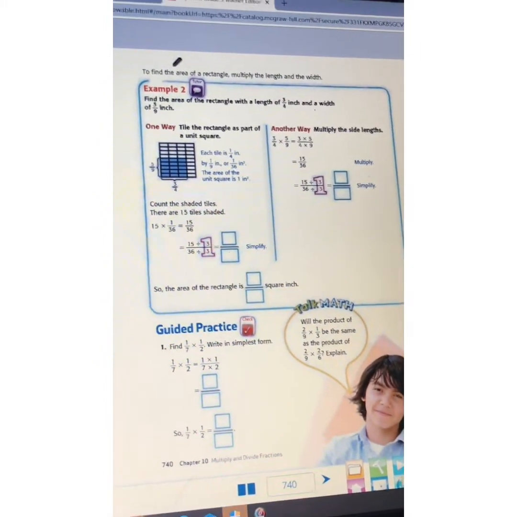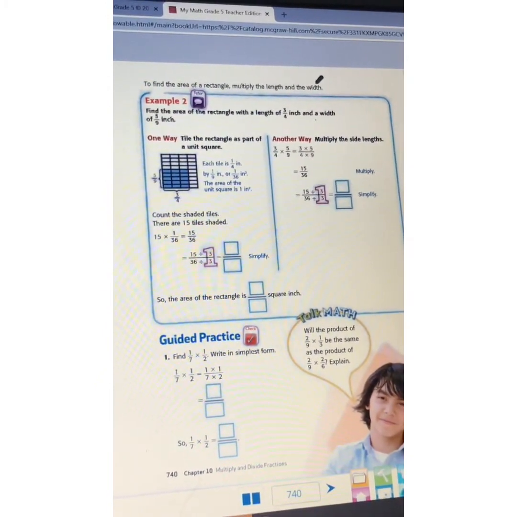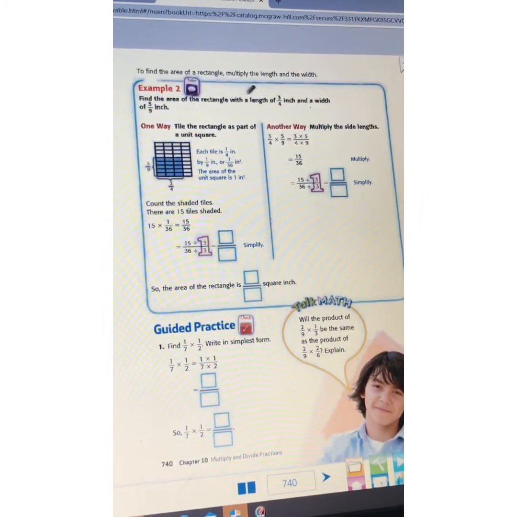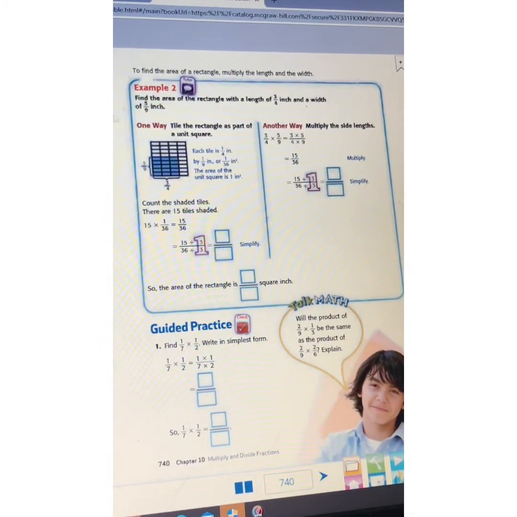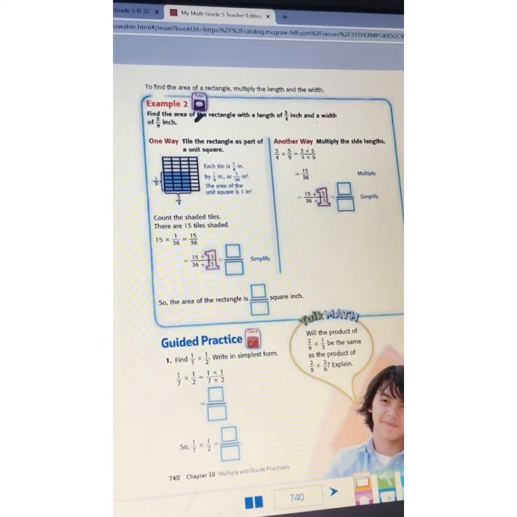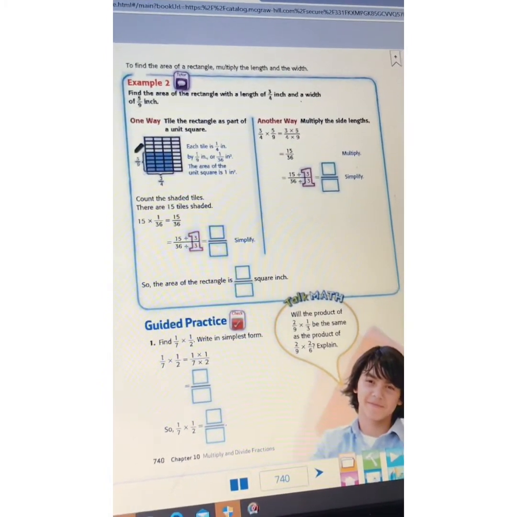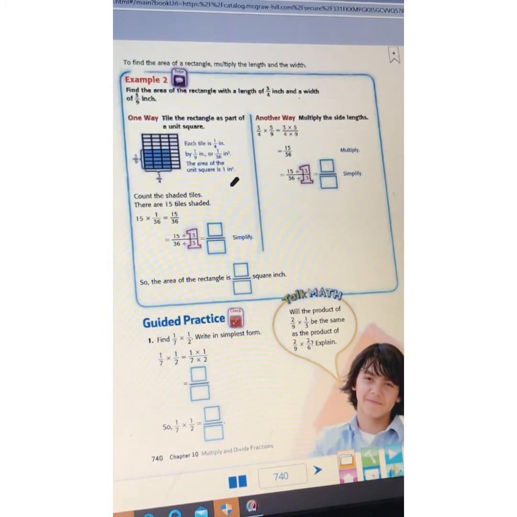So, to find the area of a rectangle, multiply the length and the width. So, as you can see, find the area of the rectangle with a length of 3/4 inch and a width of 5 over 9 inch. So as what they said a while ago, we have to multiply the length and the width to get the area of a rectangle.